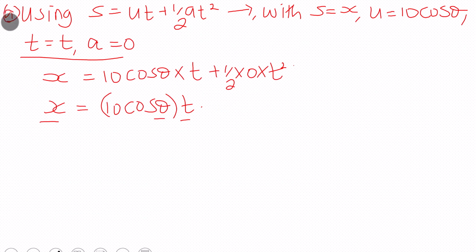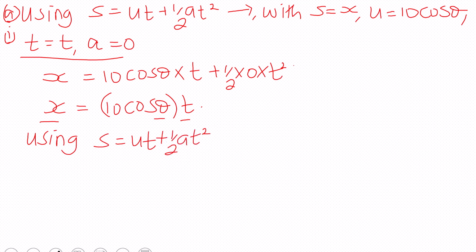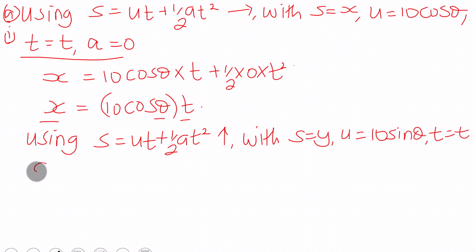We are still going to use the second equation of motion, s equals ut plus a half at squared, but now considering vertical motion with s equal to y, u equal to 10 sine theta, t equal to t, and acceleration negative 9.8 meters per second squared.